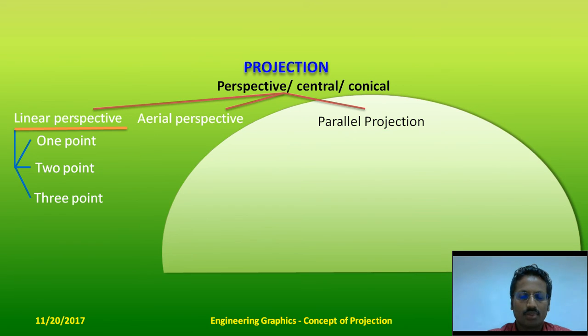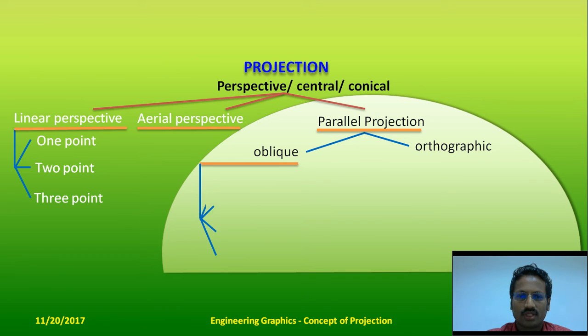An aerial perspective is nothing but you are going to get an aerial picture of an object. And in parallel projection, we have already seen parallel projection is going to be a special case of a perspective projection in which the observer is kept at infinity. In this parallel projection, you classify this as oblique projection and orthographic projection.